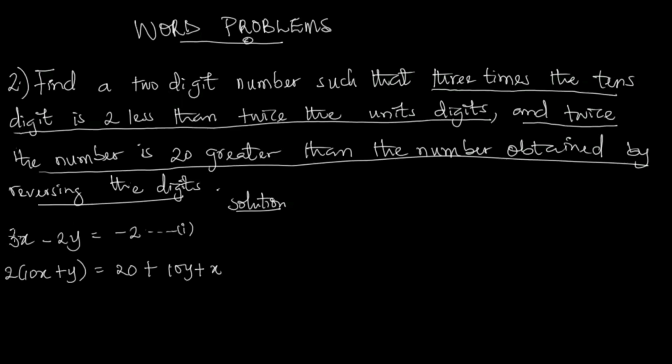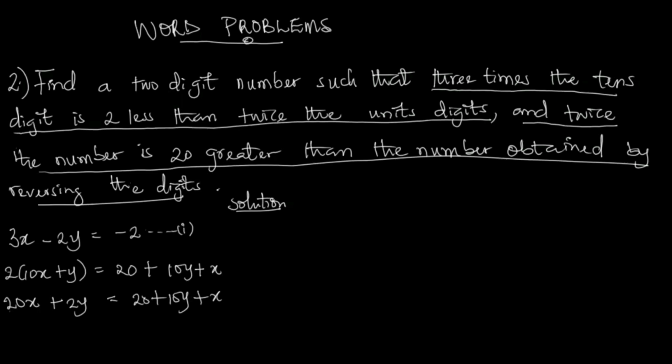So we've established that 3x minus 2y is equal to minus 2, and twice the number is 20 greater than the number obtained by reversing the digits. So now we can solve this. 2 times 10x is 20x plus 2y equals 20 plus 10y plus x.